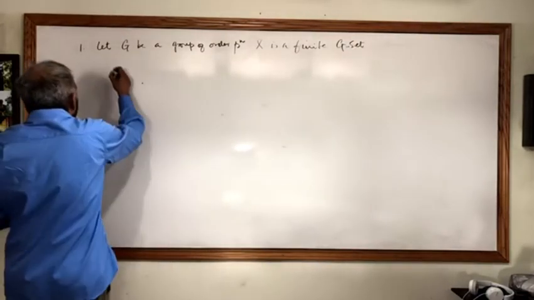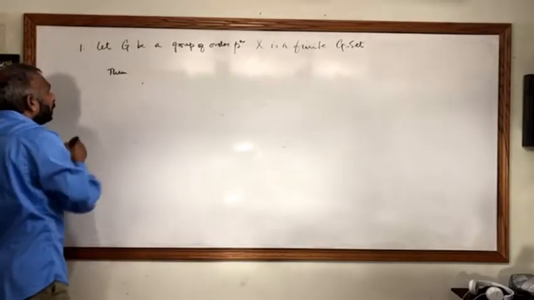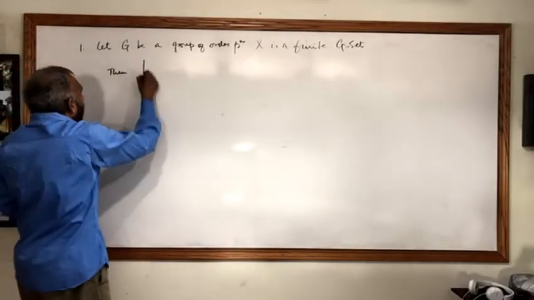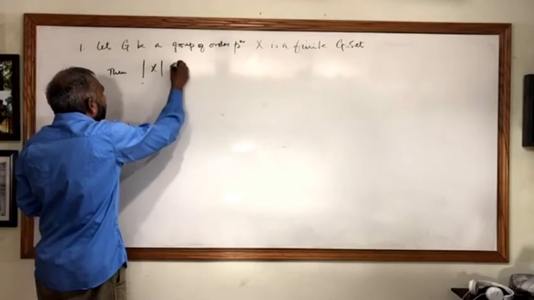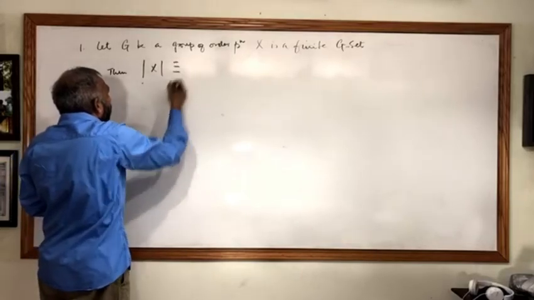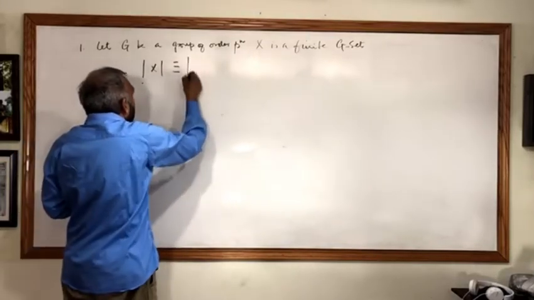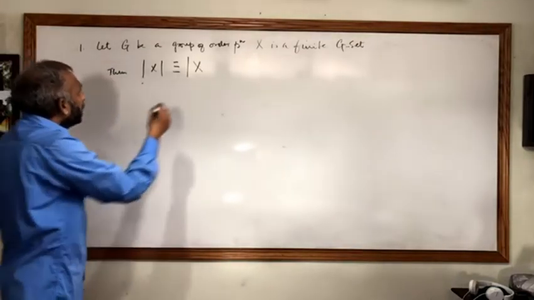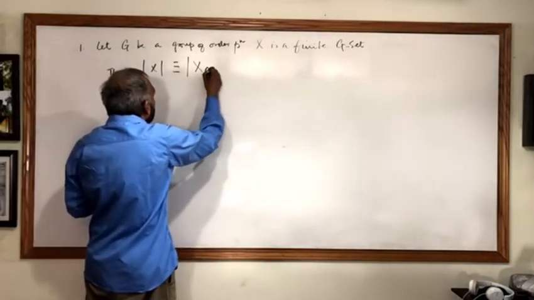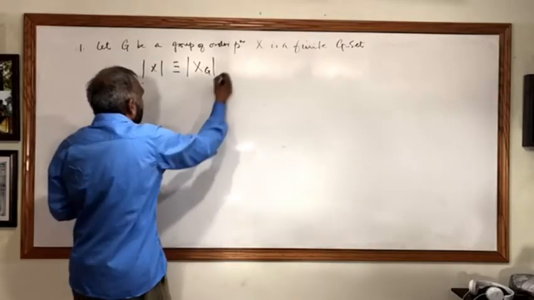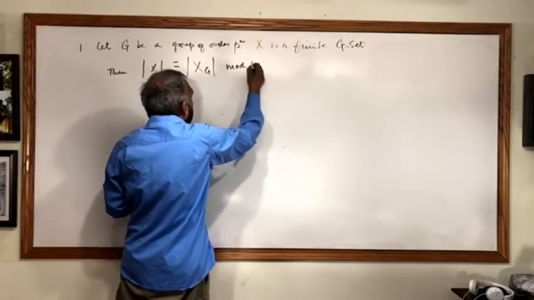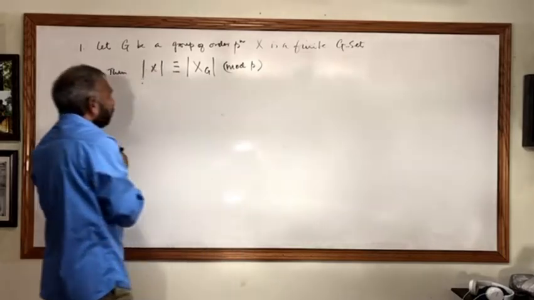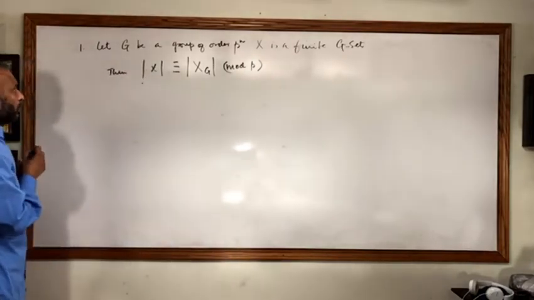Then the number of elements in X is congruent to the number of single element orbits in G. That is the first one.